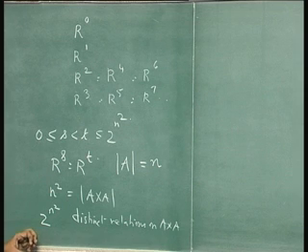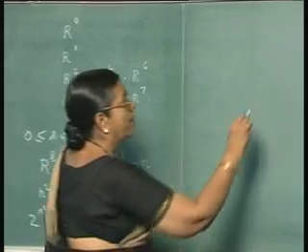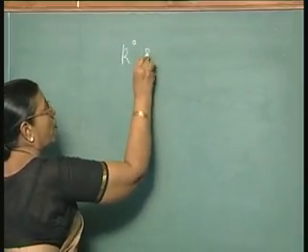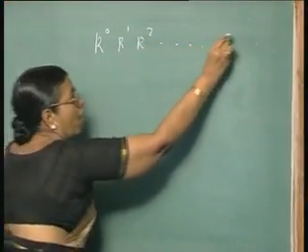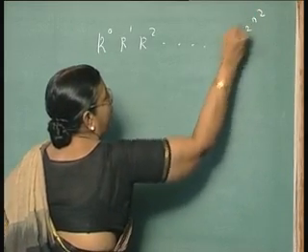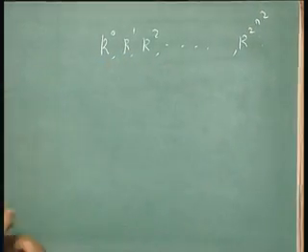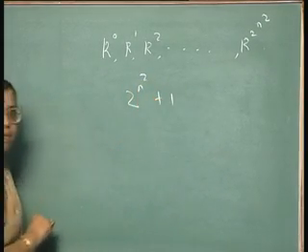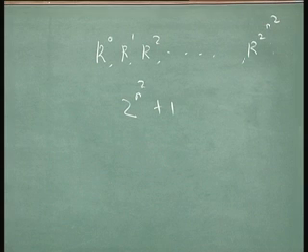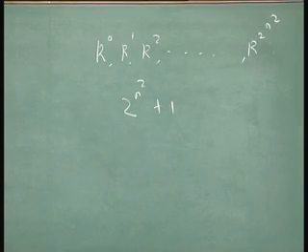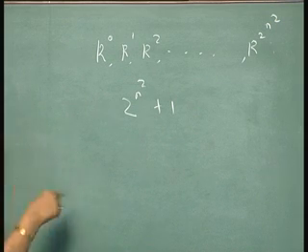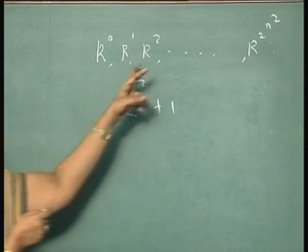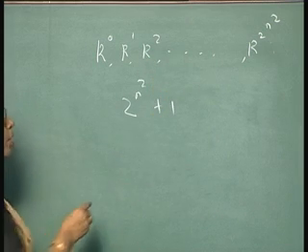So, looking at it this way, if you take R0, R1, R2 like that up to R power 2 power n squared, in this sequence you are having 2 power n squared plus 1 elements, but maximum you can have 2 power n squared distinct relations on A cross A. So, for some values of S and T they should be equal.